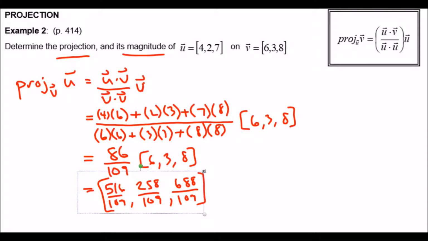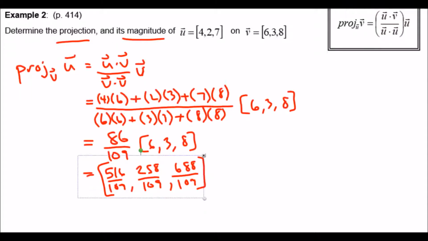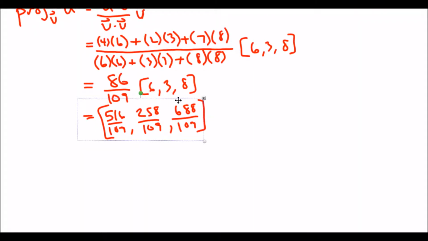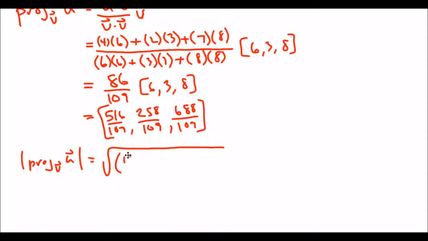Now I want the magnitude. If I want the magnitude, I am simply going to take this vector and find its magnitude. So I want the magnitude of the projection of U on V. I'm going to have the square root of 516 over 109 squared plus 258 over 109 squared plus 688 over 109 squared.